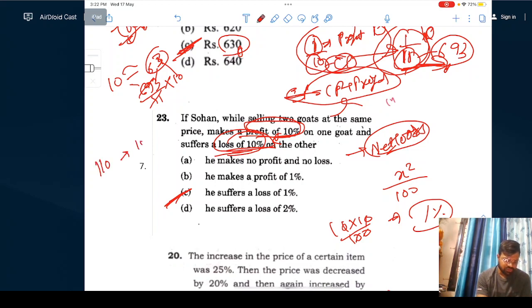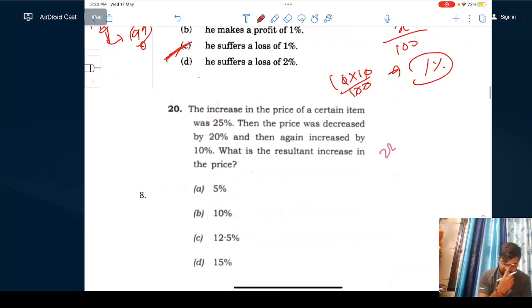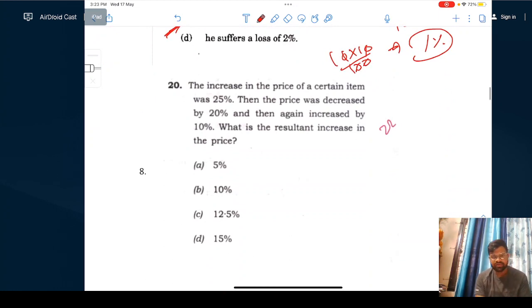So based on this, you will see that this is a net loss of 1%. I don't want to explain it in detail, but you can assume and check this. This will be a loss of 1% by formula. You can apply that formula directly when there is a simultaneous loss and profit.